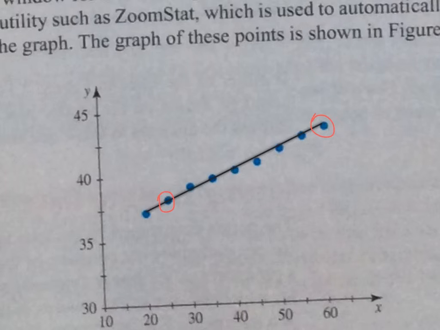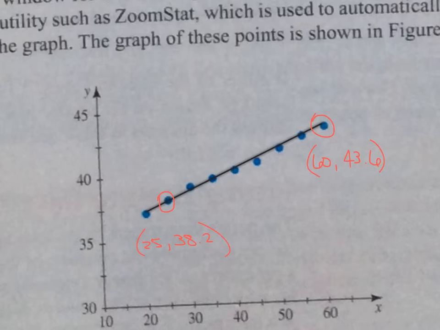So this is point 25, 38.2 from the information they gave you, and this is point 60, 43.6, again from the table that they gave you on page 107.